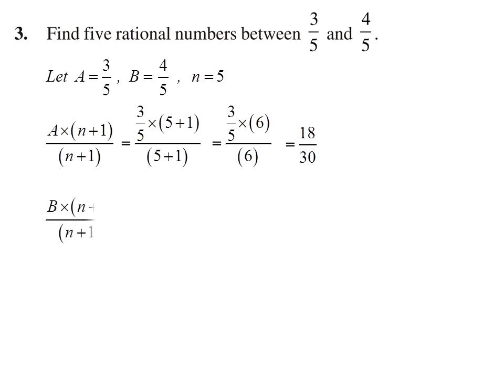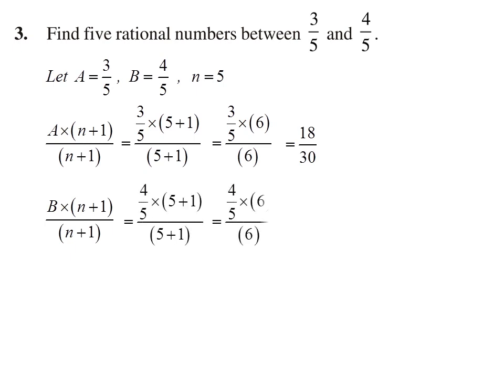Now the second part, b into (n plus 1) by (n plus 1), which equals 4 by 5 into (5 plus 1) by (5 plus 1), which is again 4 by 5 into 6 by 6. So my final answer becomes 24 by 30. Doing the similar thing, the numbers start from next to 18 and go up to before 24.